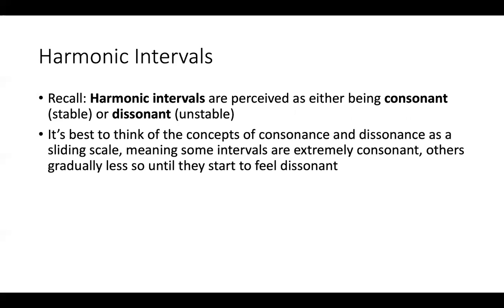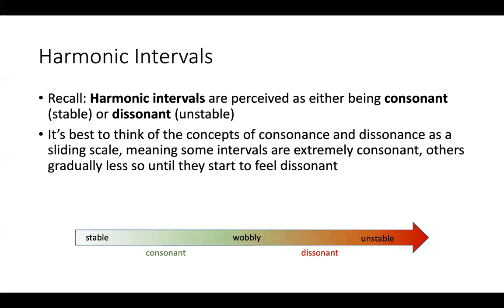It's best to think of the concepts of consonance and dissonance as a sliding scale, meaning some intervals are extremely consonant and others gradually less so until they start to feel dissonant. For example, it is generally thought that the perfect unison, perfect octaves, and perfect fifths are the most stable of all intervals.